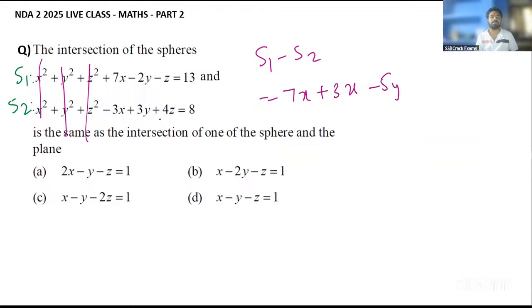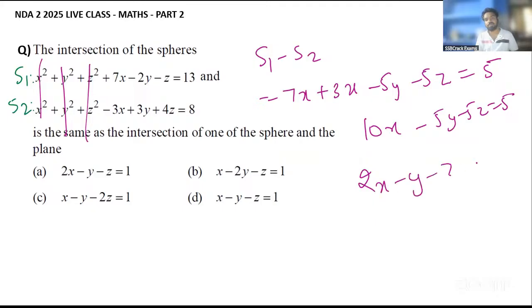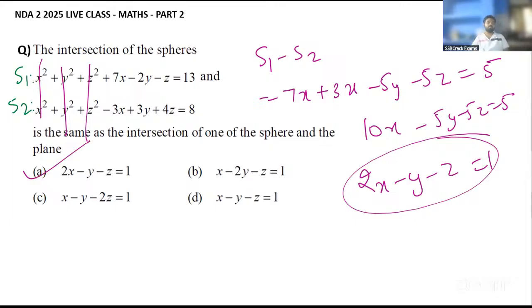Then minus z minus 4z, so it is minus 5z. And 13 minus 8 is equal to 5. So it is 10x minus 5y minus 5z is equal to 5. Taking 5 common, it is 2x minus y minus z is equal to 1. So which is option number A.